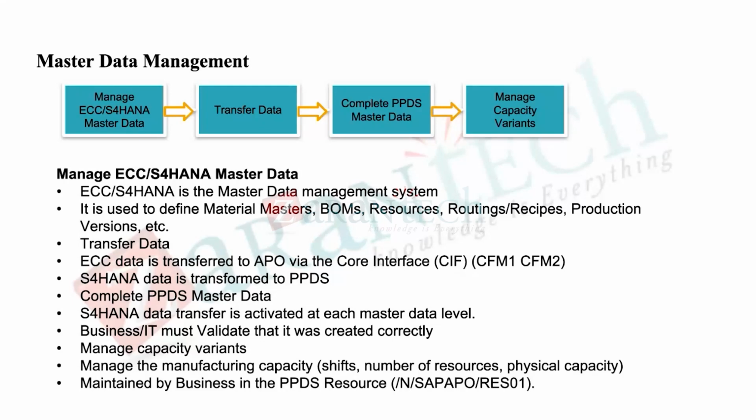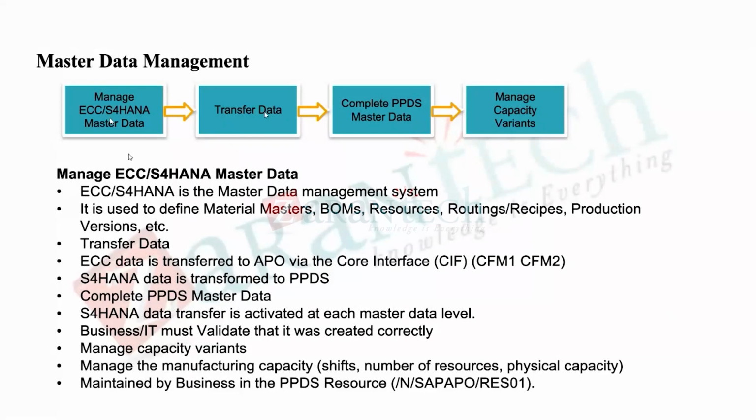So how do we operate here? We follow a certain sequence of steps. First of all, the master data is managed or set up within ECC or S4HANA, the way it would get created. Usually we are not responsible for setting up any sort of data in S4, right? But here we will do that. Then we would transfer all that data. So if it is an APO system, ECC to APO, then you would set up all those integration models and then transfer the data.